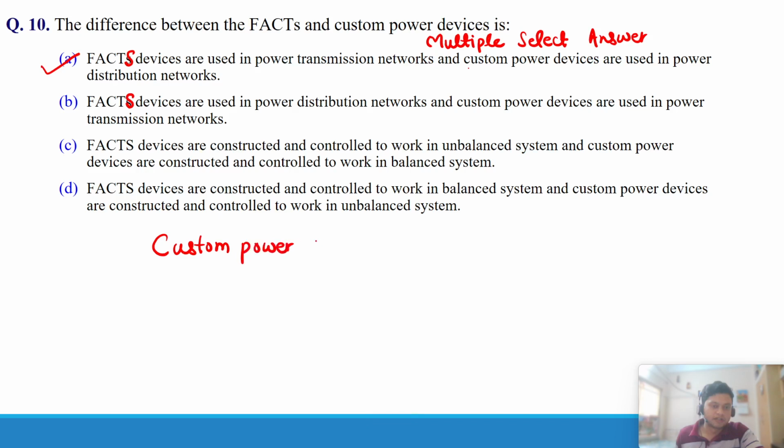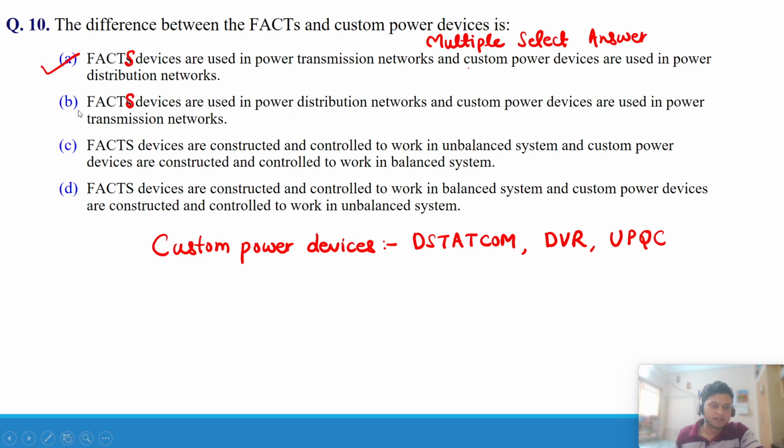Can you tell some of the custom power devices? We have DSTATCOM, DVR, and UPQC. These are the three custom power devices well known and widely used in the distribution system. And FACTS devices are for the transmission system only.